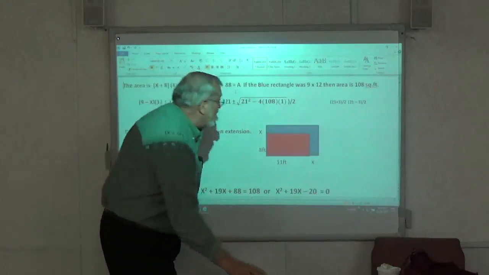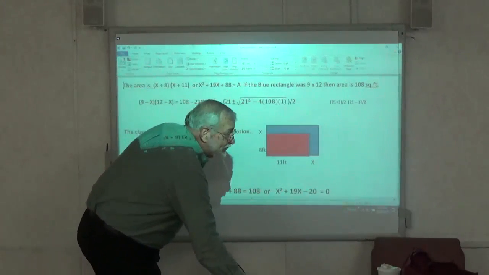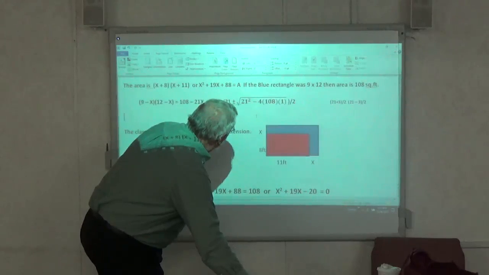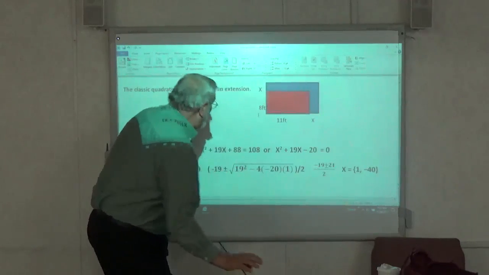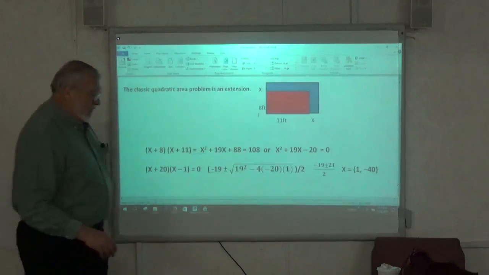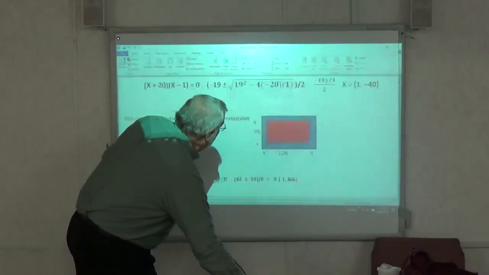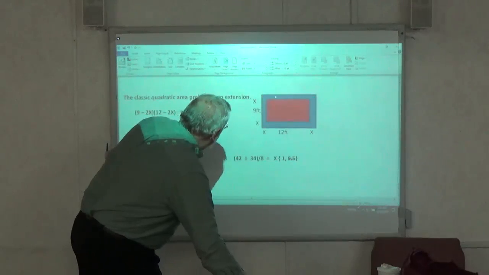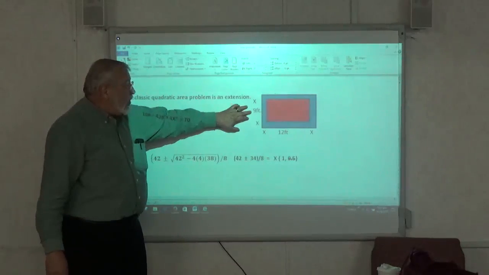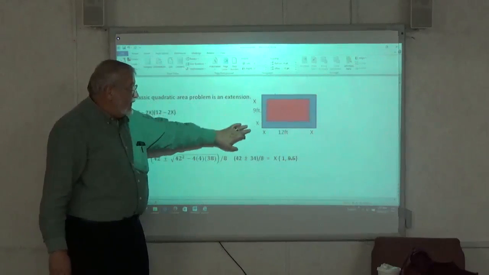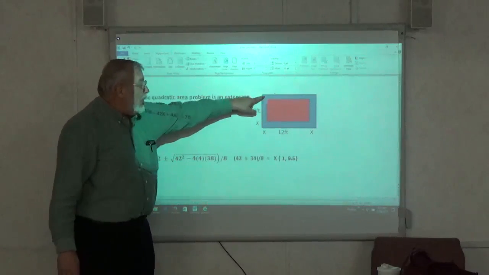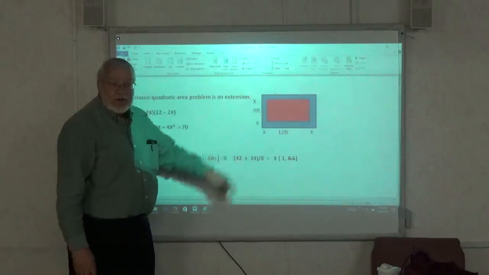Now, that's one. A similar problem would look like this. Suppose that this whole thing is 9 feet. The blue is 9 feet, and I have 2 parts here and here that are both x.